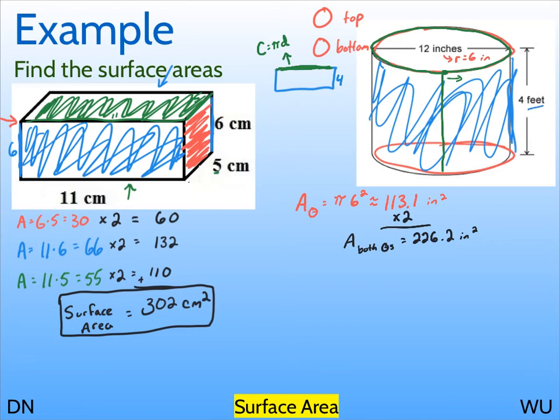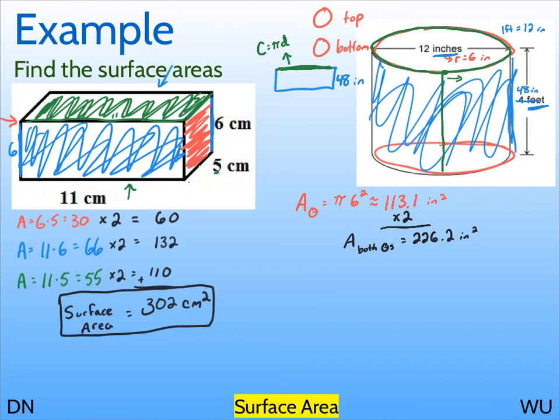Now, let's turn our attention to the rectangle. And the rectangle is interesting because this says 4 feet, but our original measurements were in inches. So in order to change feet into inches, we just have to multiply by 12, because 1 foot is 12 inches. So instead of 4 feet, we're going to call this 48 inches. Okay?